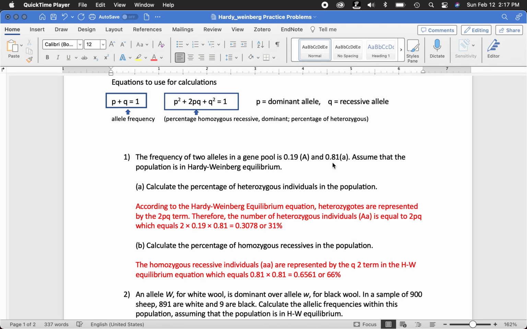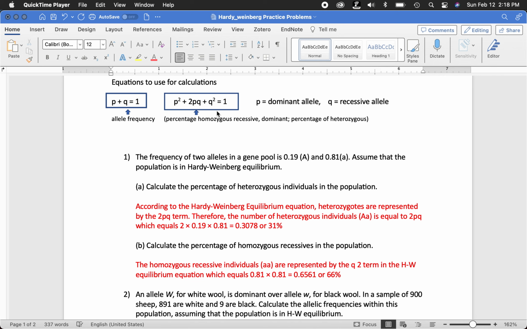Assuming that the population is in Hardy-Weinberg equilibrium, the first question is to calculate the percentage of heterozygous individuals in the population. According to the Hardy-Weinberg equilibrium equation, heterozygotes are represented by the 2pq term. So right away, because it's asking for percentage of heterozygous individuals, you should be using this equation.